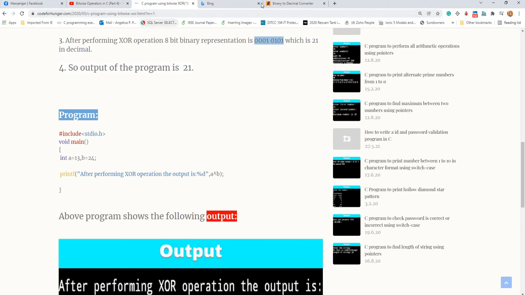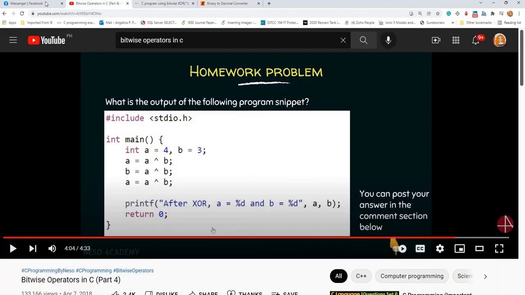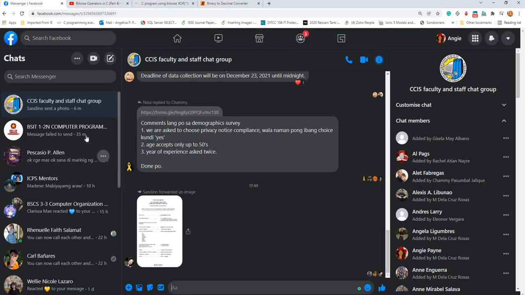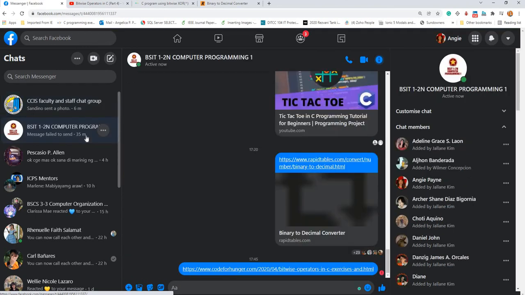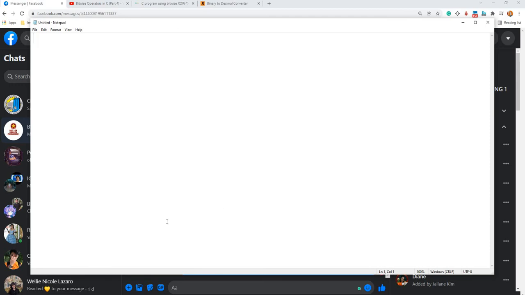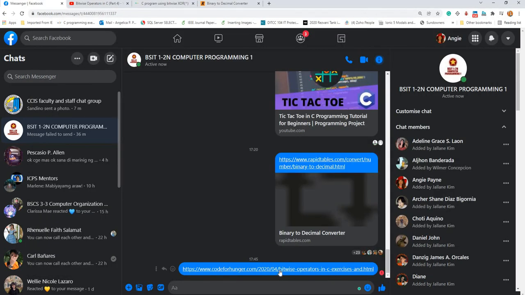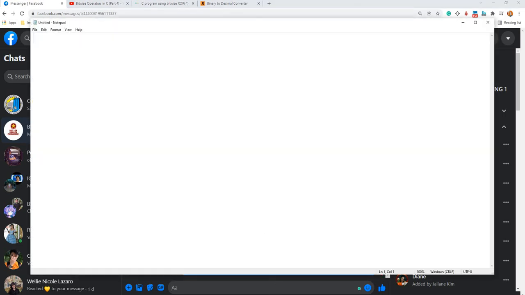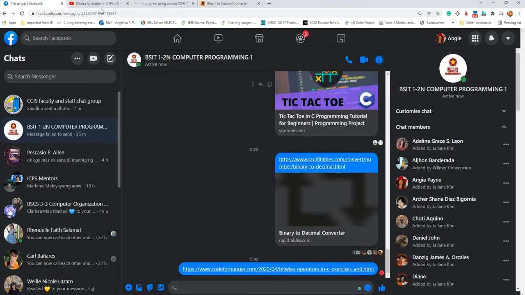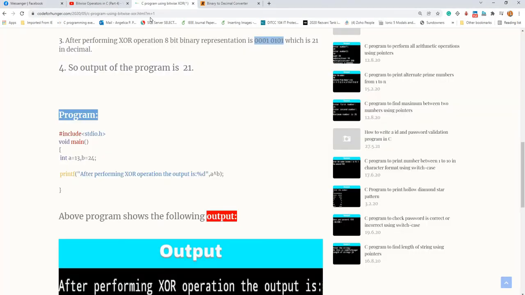Ma'am, hindi pa po nare-receive namin yung sinend ninyong link. Ay, wala pa po dun sa GC. Teka lang, ano nangyari? Nag-send out, may exclamation mark. Okay, sige, ganito. Isi-save ko siya. Ini-edit ako ni Facebook, ayaw niya yung link, pumapasok sa security. Teka ha.